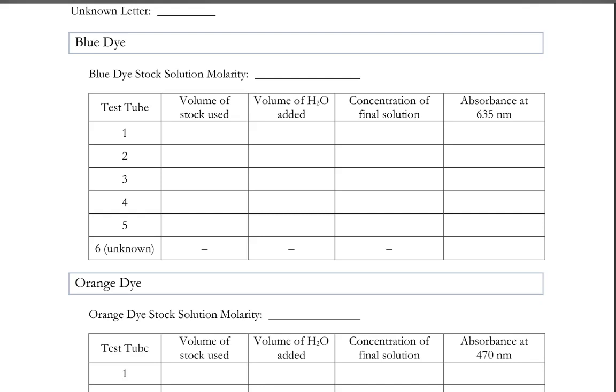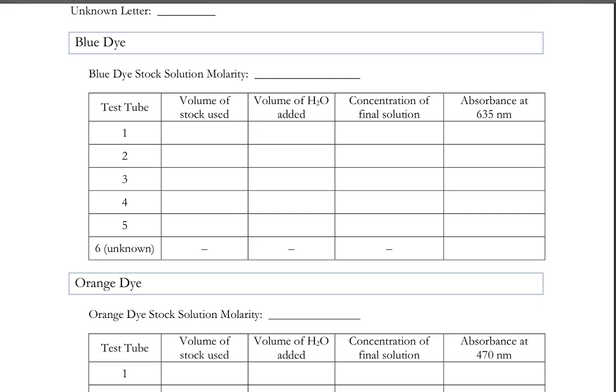So the concentration of the final solution we get from the dilution equation. The dilution equation is M1 V1 equals M2 V2. M1 is the molarity of the stock solution. V1 is the volume of stock used.